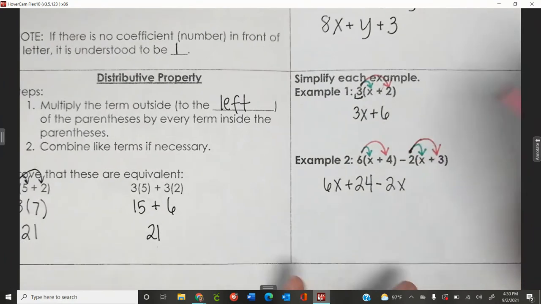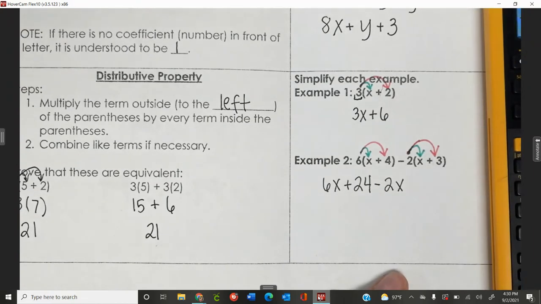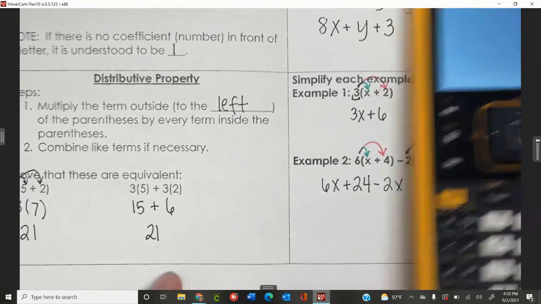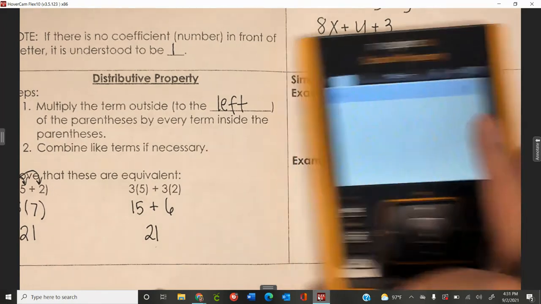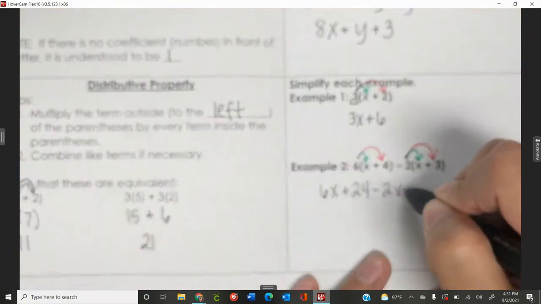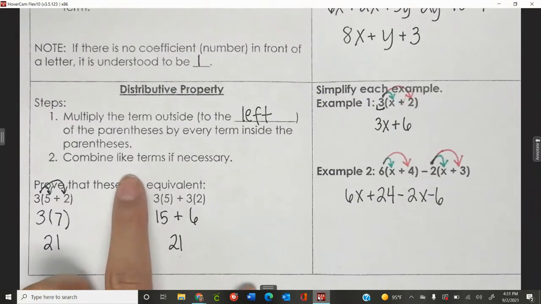So you're going to take negative 2 and multiply it by 3. Negative 2 times 3, if you do not know that and you tell me it's a positive 6, you can check this in your calculator. Negative 2 times 3 is a negative 6. So here, minus 6.